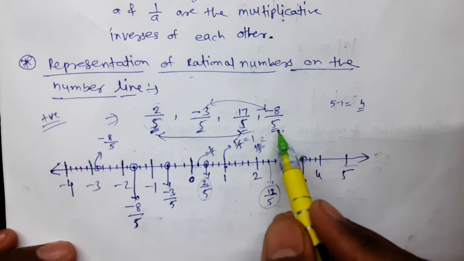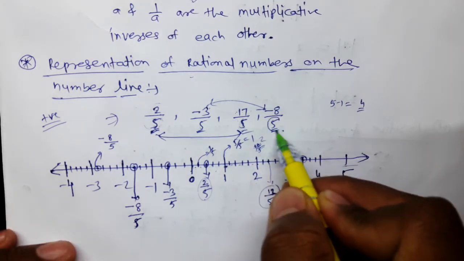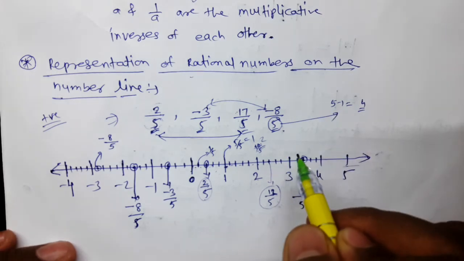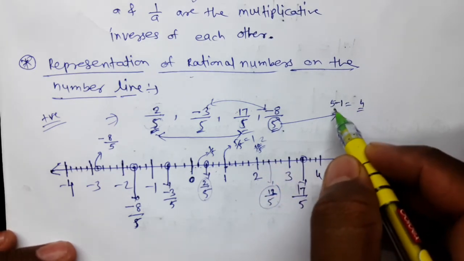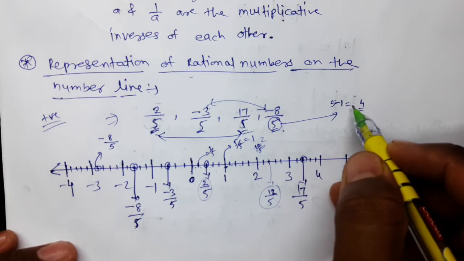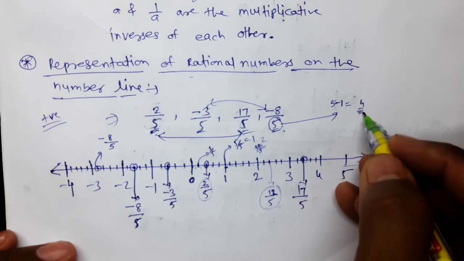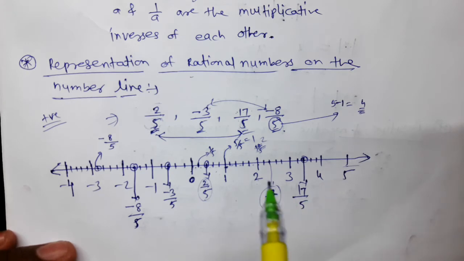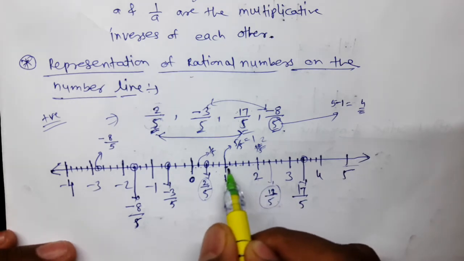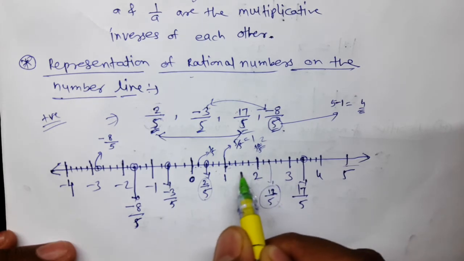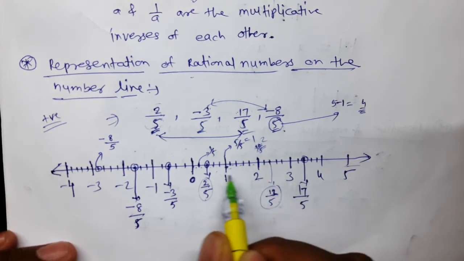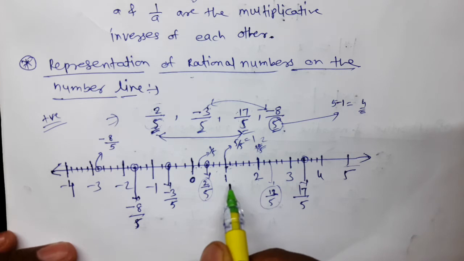Now first we have to look at the denominator. 5 is the denominator. Subtract 1 from that denominator, and we get 4. So place 4 lines at equal distances between any two consecutive integers.